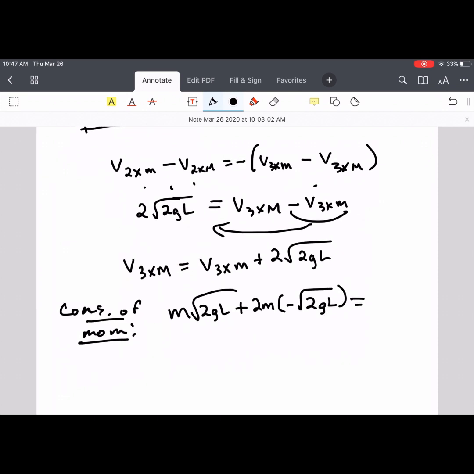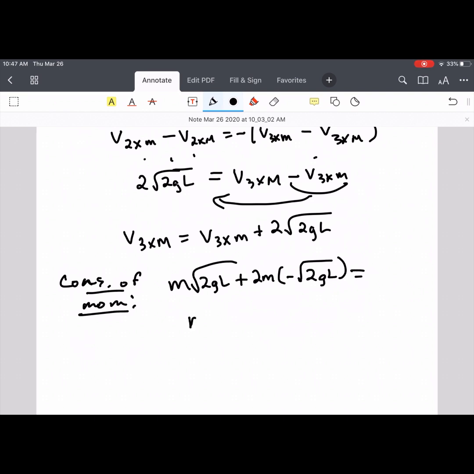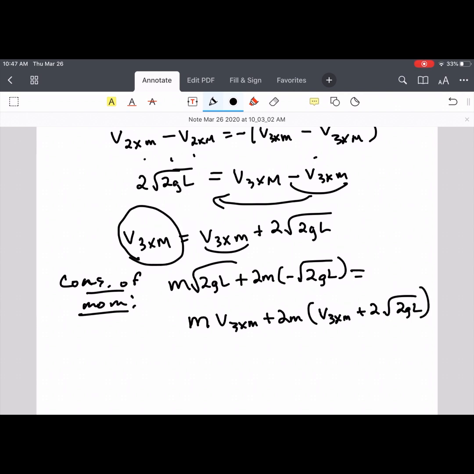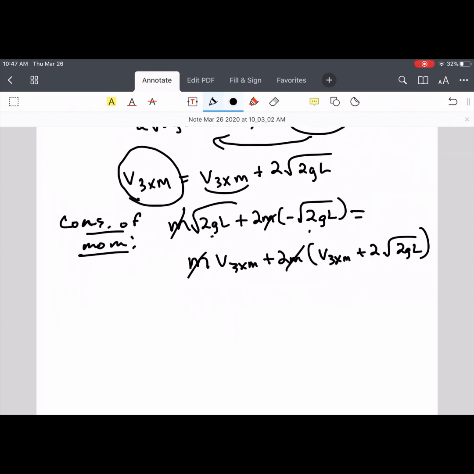That's equal to the momentum, the mass of the small object times its velocity at the end of the day, v3x little m, plus the mass of the big object times its velocity at the end of the day. But notice that v3x big M is just v3x little m plus 2 root 2gl. The m's cancel from everything. And now we just need to do a little algebra. So root 2gl minus 2 root 2gl is negative root 2gl.